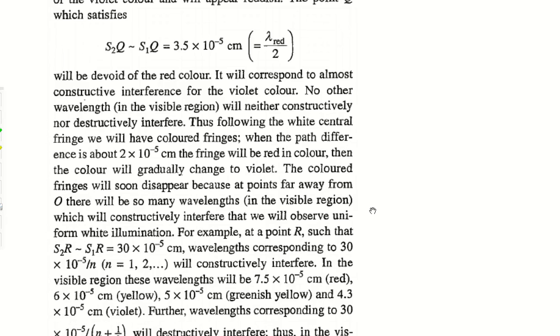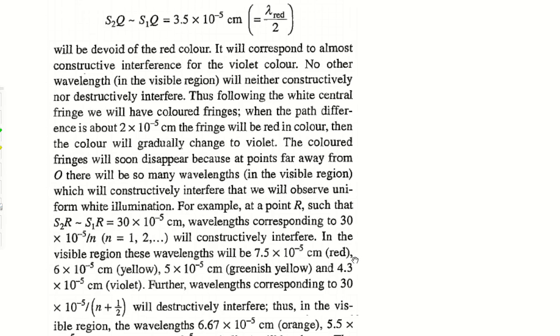But if we choose a far apart point, say R, where the path difference between the rays is 30 into 10 to the minus 5, okay, we can back calculate it. What colors will satisfy the maxima, or the constructive interference there, and what colors will satisfy the minima condition there?